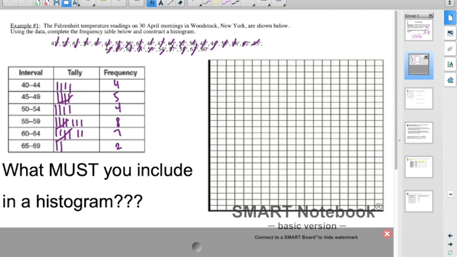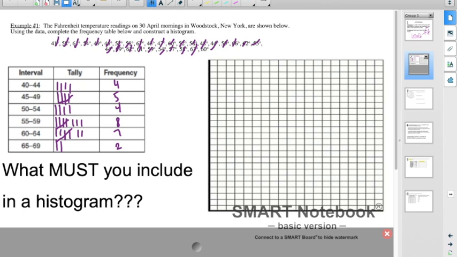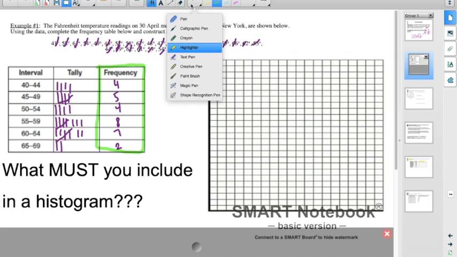And this is going to be our key column that we're going to want to look at when constructing our histogram. Okay, the frequency. It's got nice numbers that we can look at. The tallies were only to see how many frequencies occur in each interval.